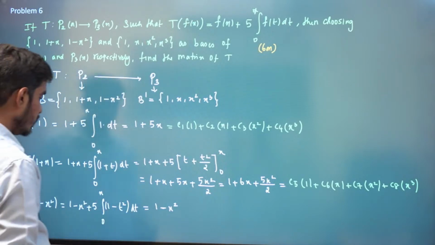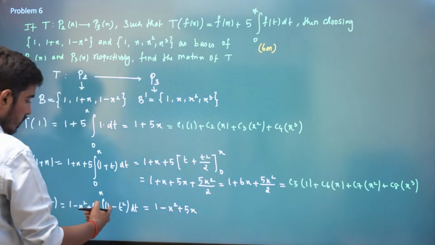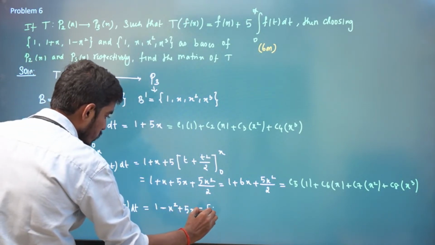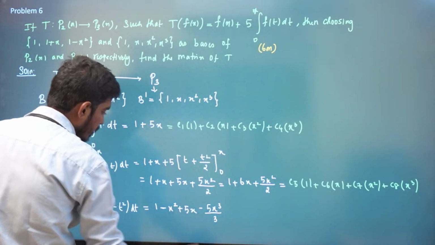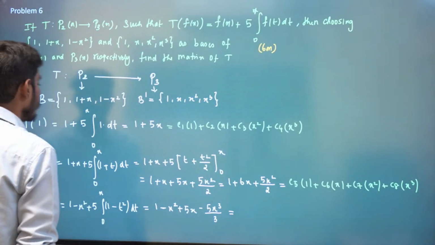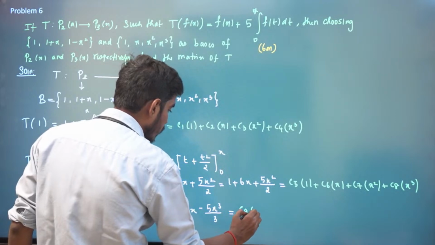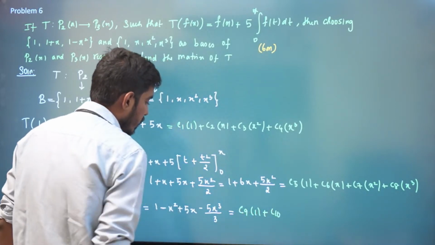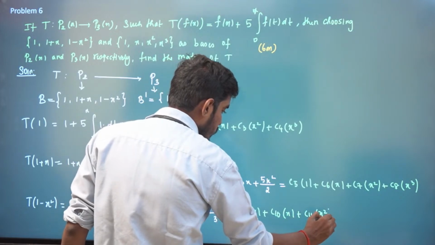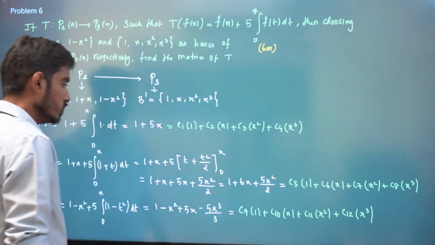Integration of dt is t, so you will have 5x, and then t cube by 3, so that means you will have minus 5x cube by 3. Now you have to write this as a linear combination of basis vectors of codomain space: c9 times 1, c10 times x, c11 times x square plus c12 times x cube.